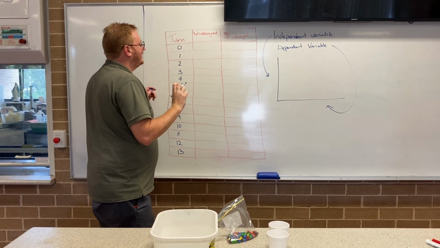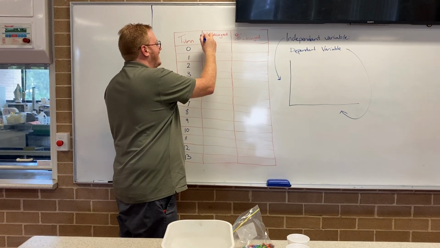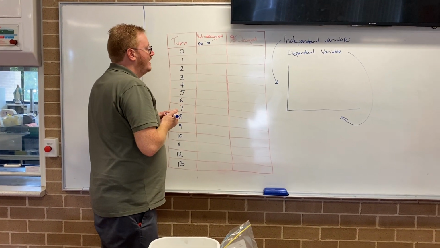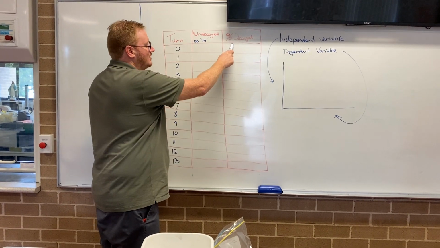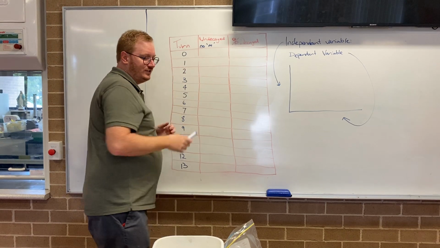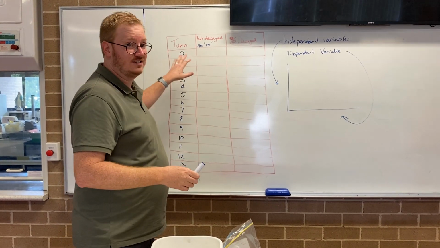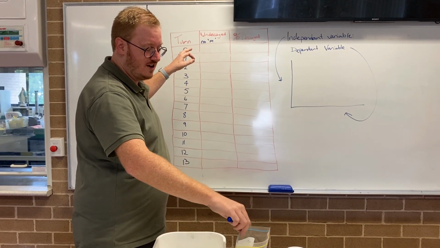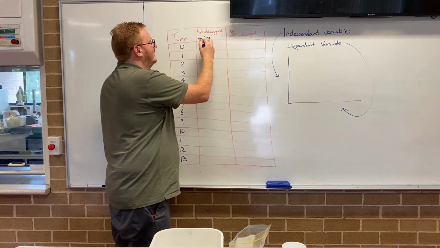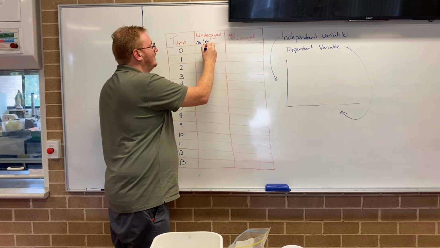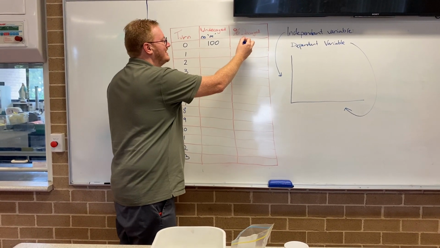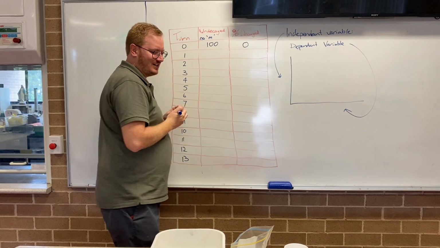I'm going to say that the undecayed ones don't have the M's on them. Then I'm going to do some maths to work out what percentage have decayed. So on our first turn, which is actually our 0th turn, all 100 M&Ms are undecayed, and so 0% of them have decayed.